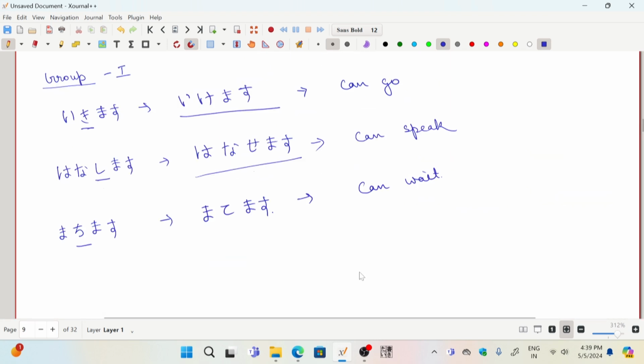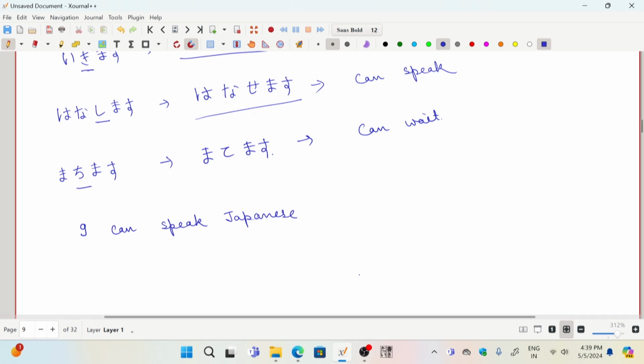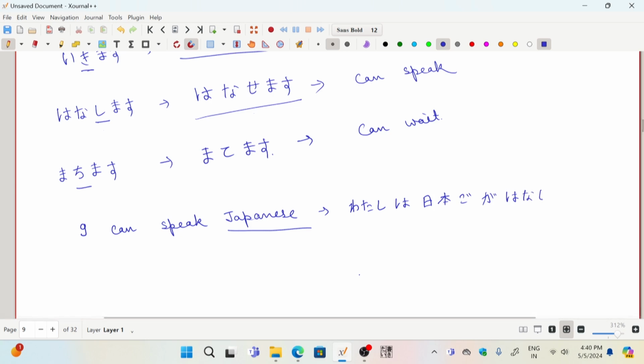So let's make sentences using these verbs. I can speak Japanese: watashi wa nihongo ga hanasemasu.